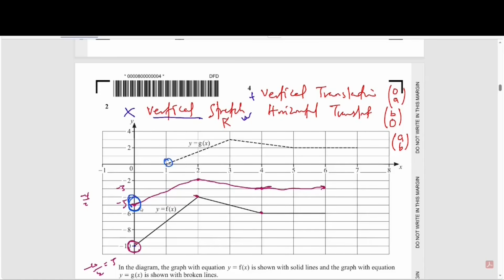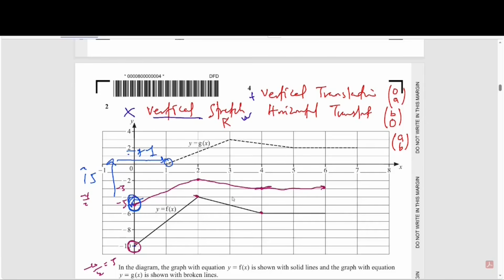At negative 5, it moves all the way to 0. Then it moves rightwards to 1. So you see that it moves by 5 units up, and then by 1 unit to the right.